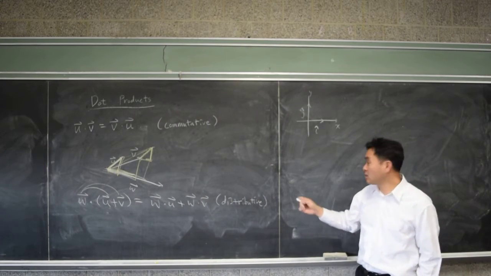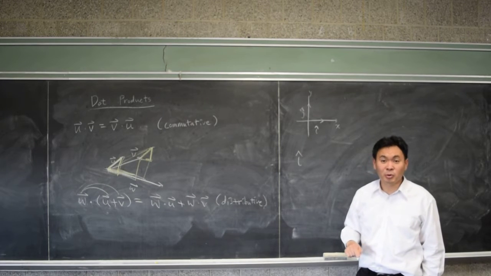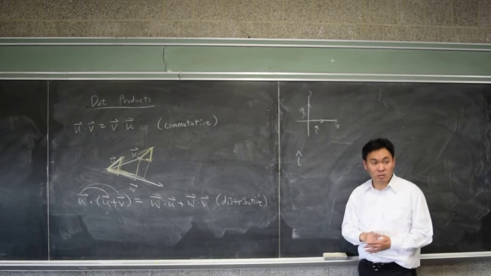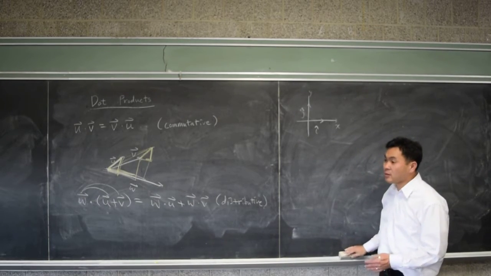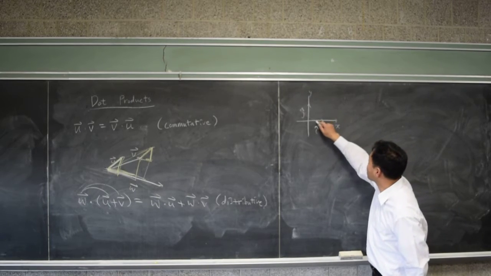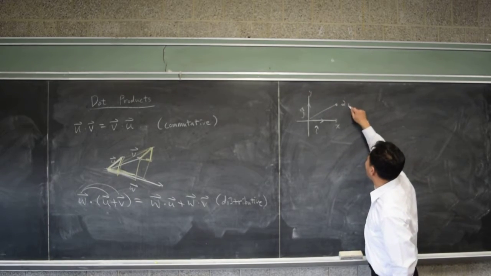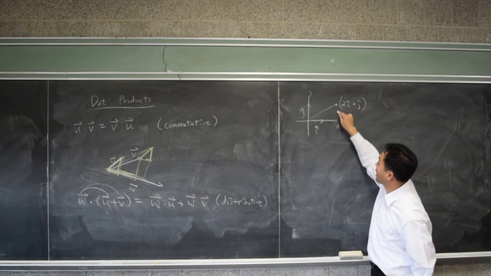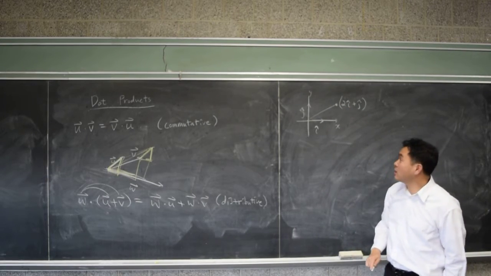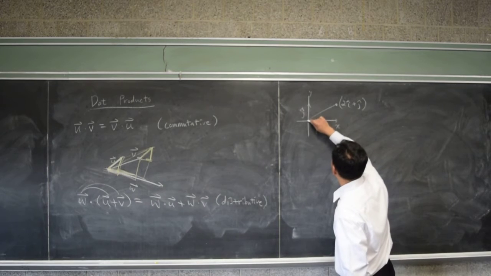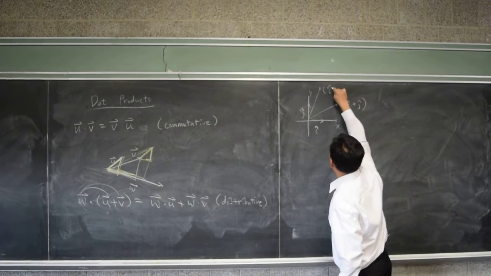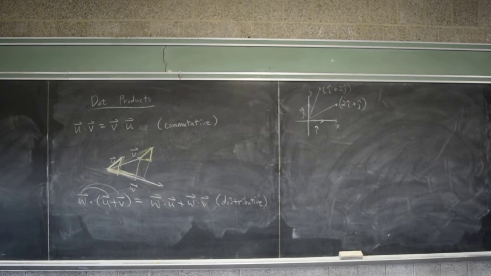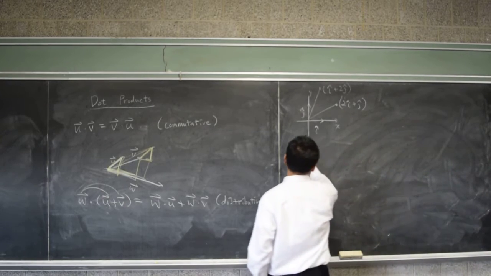So whenever you see a hat, that's supposed to mean a unit vector. In your physics textbooks, whenever you see this hat, you should interpret it so. Now, if I have a vector that's 2i plus j, I'm doubling the i and adding j, so I get this vector. And let's say I have another vector which is i plus 2j. Let's try to take the dot product of the two. How do you do that?